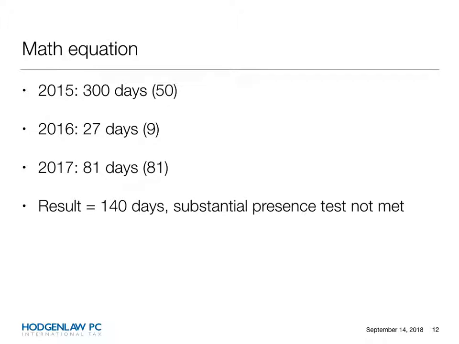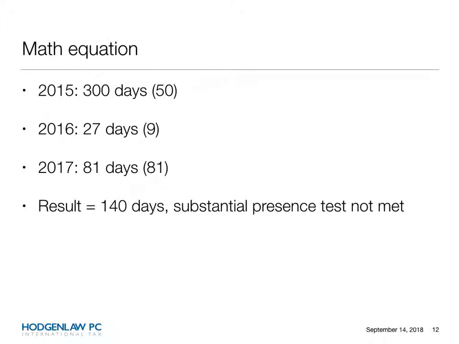Now here's an example. Assume you were in the US for 300 days in 2015, 27 days in 2016, and 81 days in 2017. The first condition has been met with 81 days in the current year. But let's see if the second condition has been met. 300 days divided by 6 is 50 days. 27 days divided by 3 is 9 days.